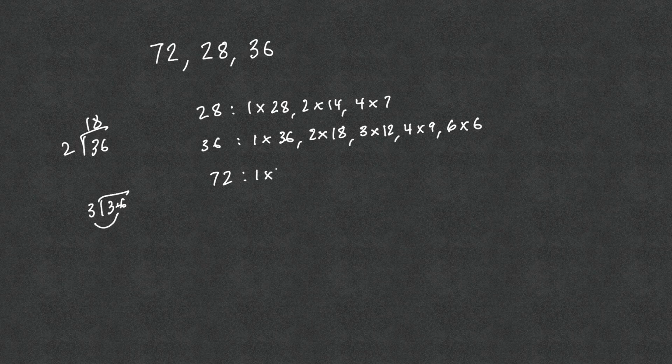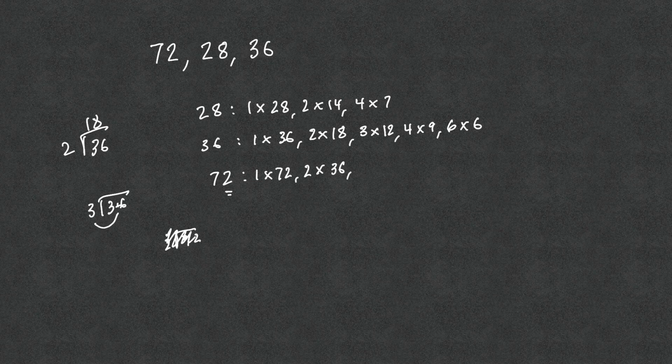1 times 72. 2. Well, it's an even number, so 2 works. So if you don't know what it is, just come by here and divide it, and you're going to find out that it is 2 times 36. 3. Will 3 go in? Now, this is where I always say to you, don't judge a book by its cover. Don't judge a number by the way it looks. You're thinking, oh, 3's not going to go into 72. No, always check.